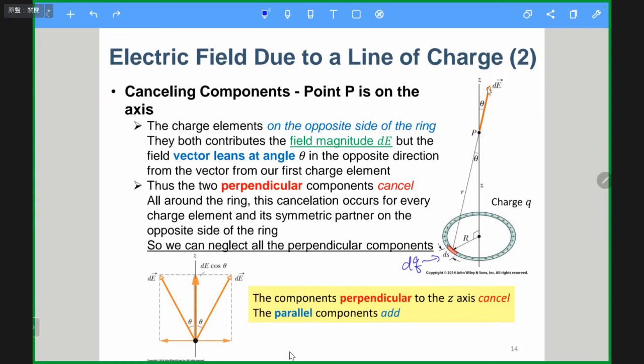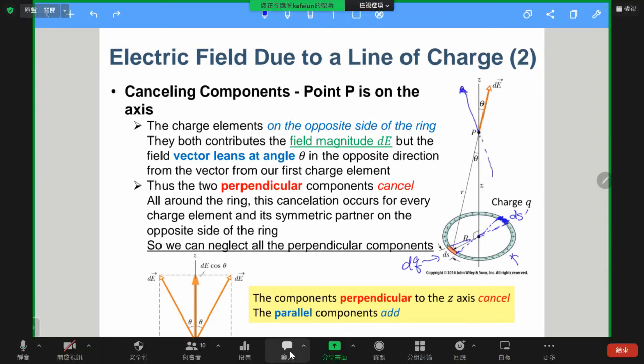So dE points in that direction. This is not parallel to the z-axis, but it's okay because this is a circle. You can always find a symmetric part by connecting this point to here, and this one we can call ds prime. For this part, it will generate the E field at point P pointing in that direction.